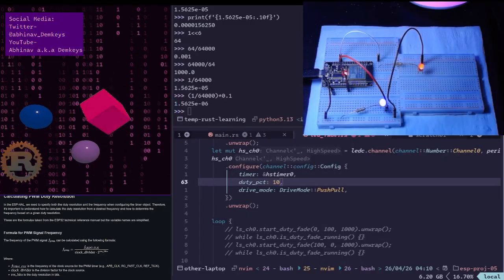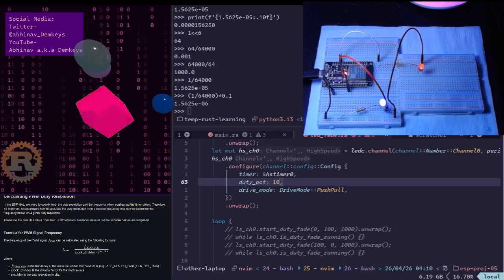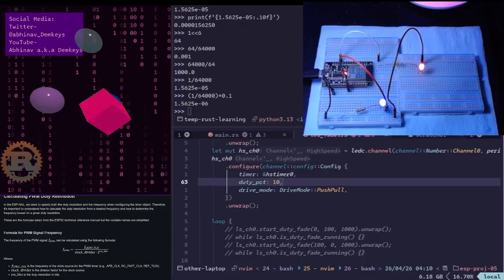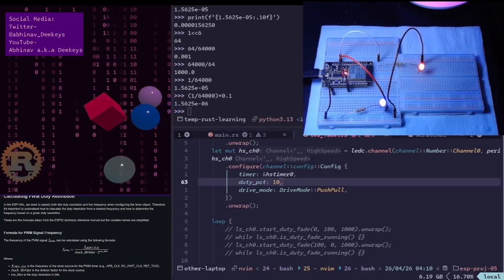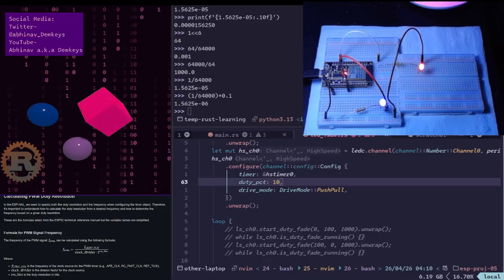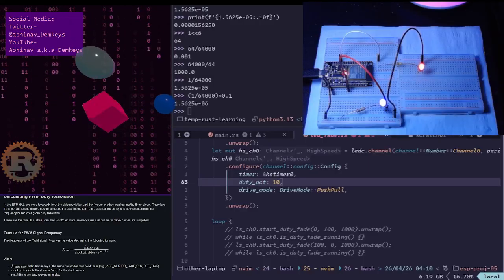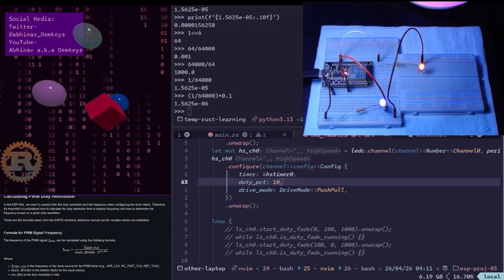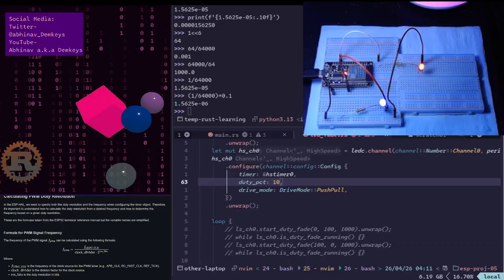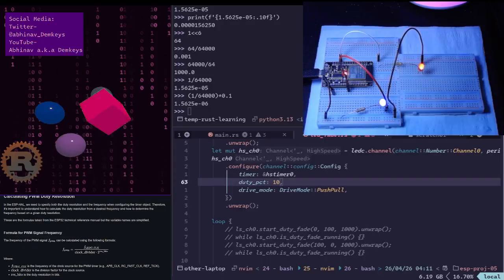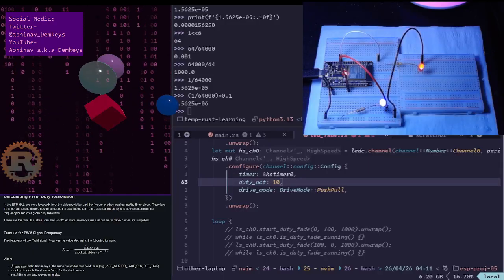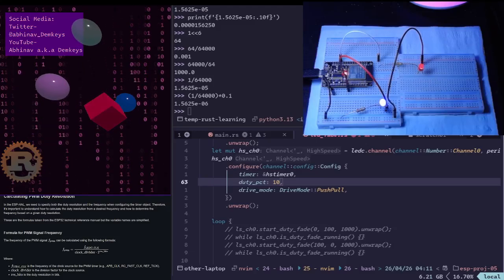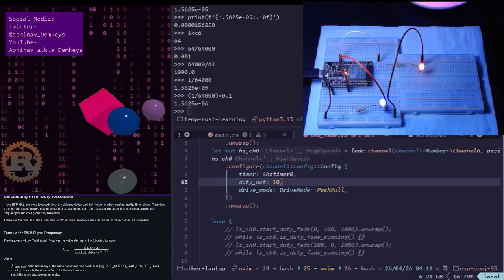Why it matters for your fade: when you call start, you are telling the ESP32 to keep the signal on for 0% of the period, and gradually increase on time until it stays on for 100% of the period.